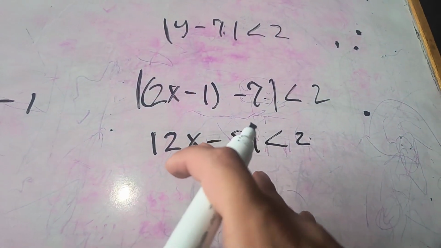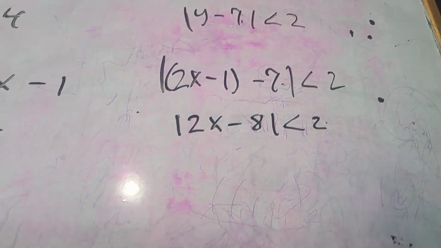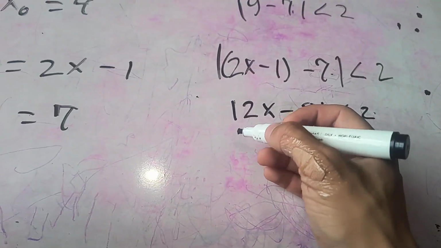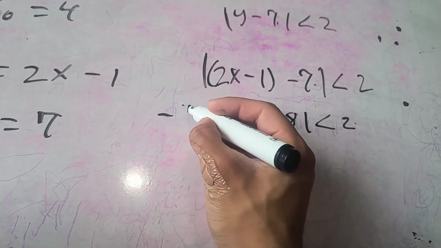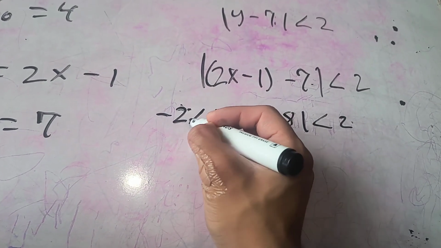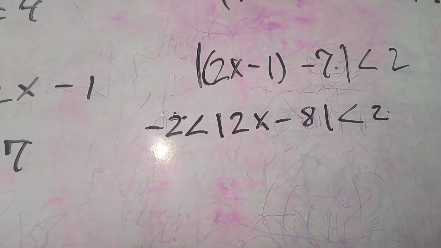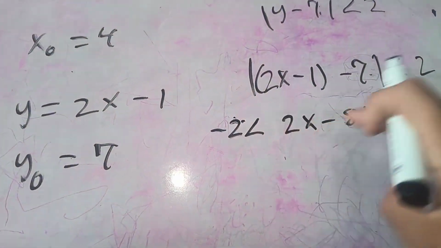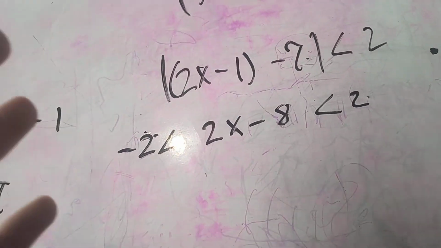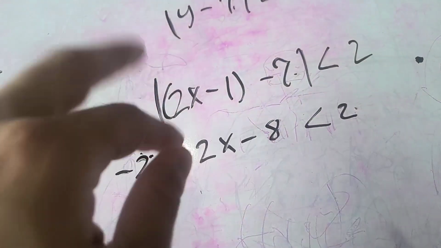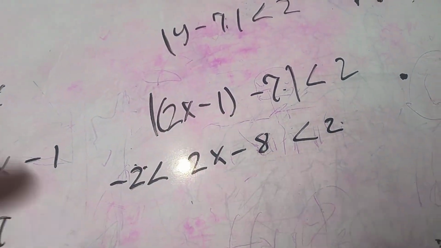And from here, we have to keep it within a distance of 2, so we'll put a negative 2 on this side and remove the bar, so we can just have a distance.